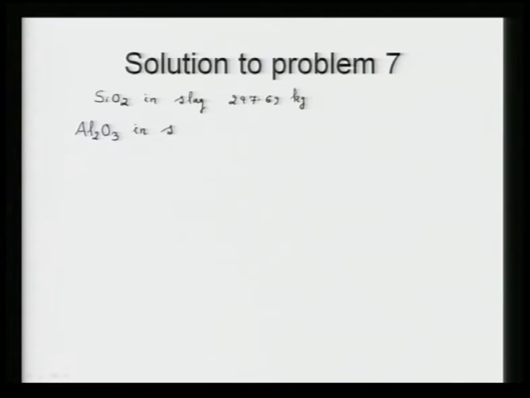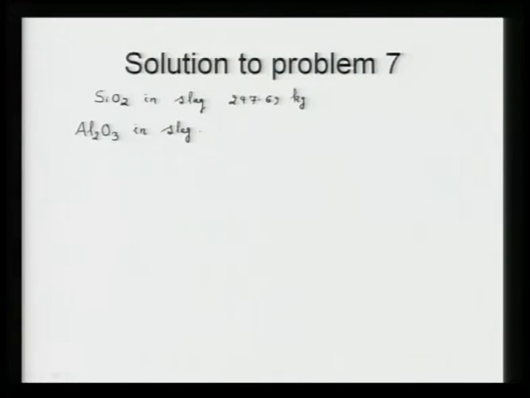Now, on several occasions I have said that Al2O3 cannot be reduced under the conditions of the blast furnace. So, whatever Al2O3 from whatever sources enters into blast furnace, whether from coke, whether from iron ore, whether from limestone, all of it enters into the slag.